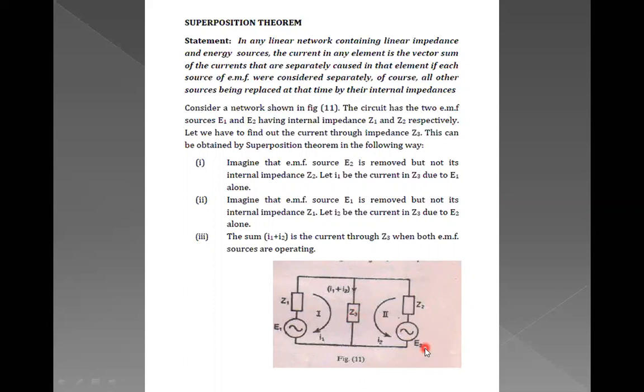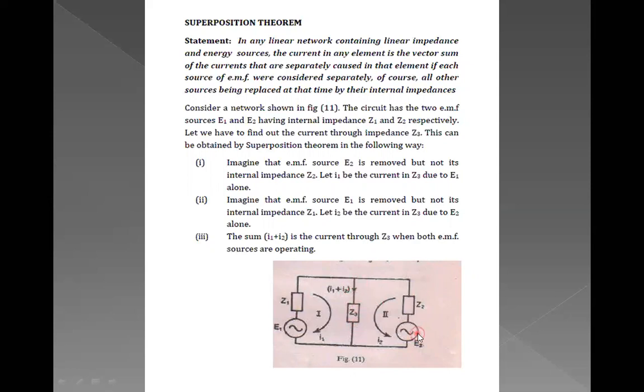It means for two conditions: first, we remove E2, considering its impedance Z2, and because of that the only current flowing through Z3 is I1, due to E1. Second, we remove the energy source E1, considering its internal impedance Z1, and I2 is the only current flowing through Z3 because of E2.